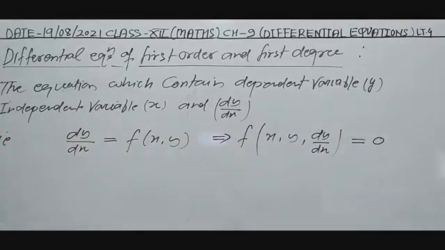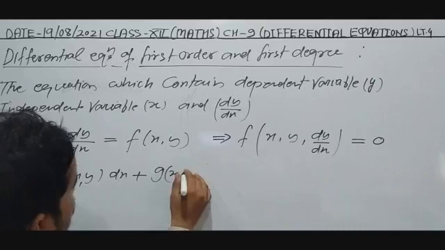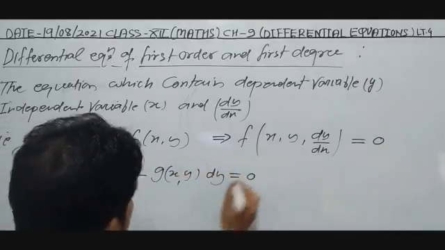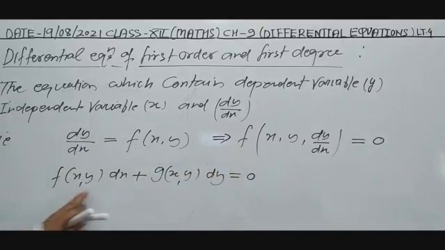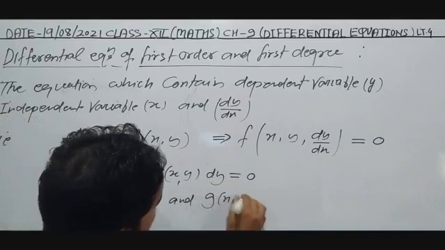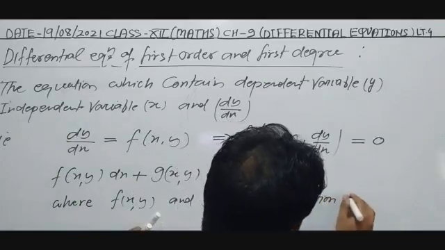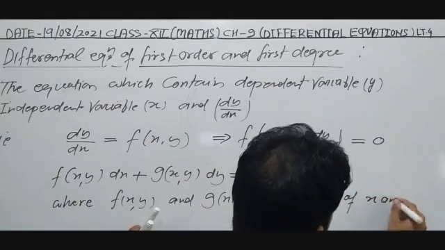So the dependent variable, the independent variable, and the differential coefficient of the dependent variable with respect to the independent variable can be expressed as f of x comma y dx plus g of x comma y dy is equal to 0 form, where f of x comma y and g of x comma y are functions of x and y.